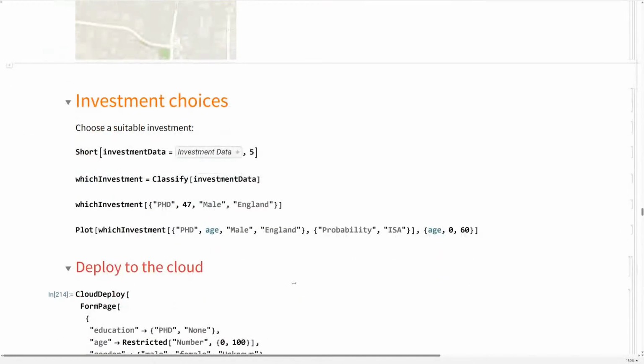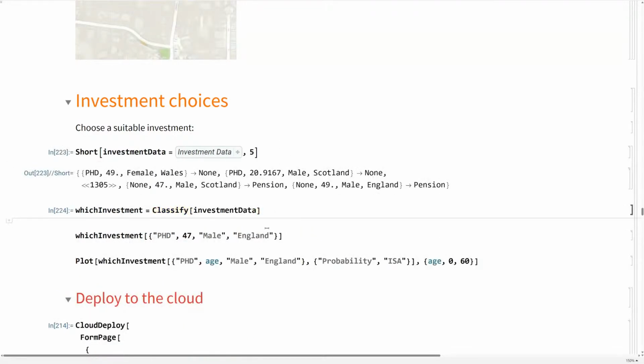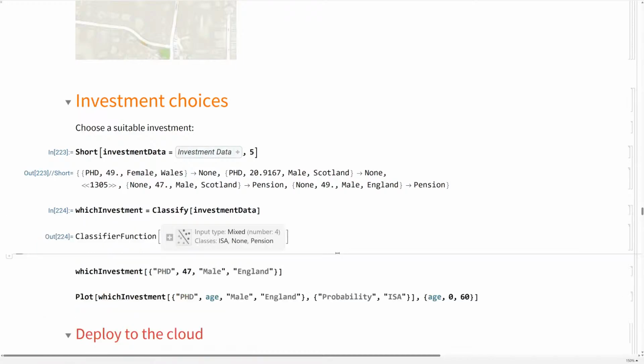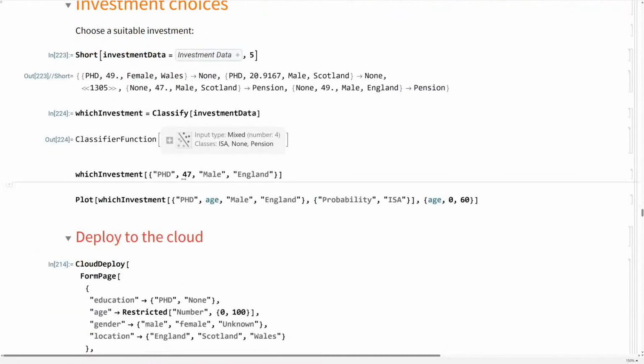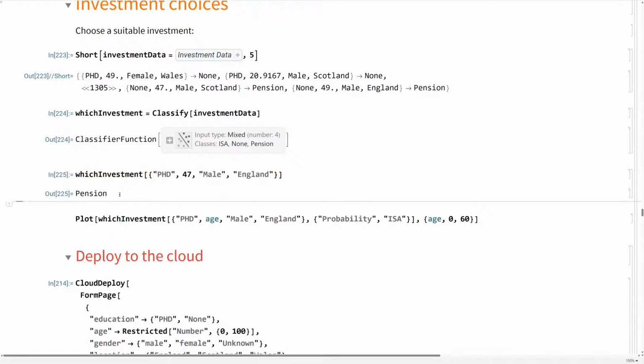And this is the investment choice. So let's just run it. So basically, I'm just feeding some data to it so that it can quickly use a classifier to learn about that and to decide what investment I should do.